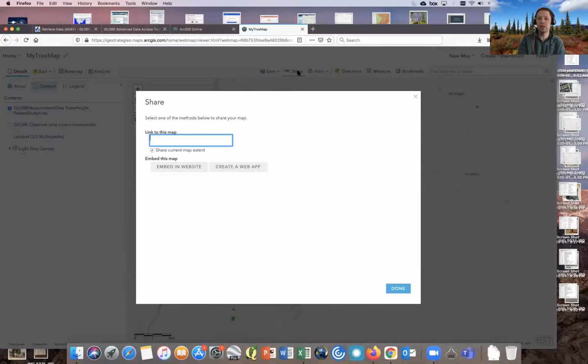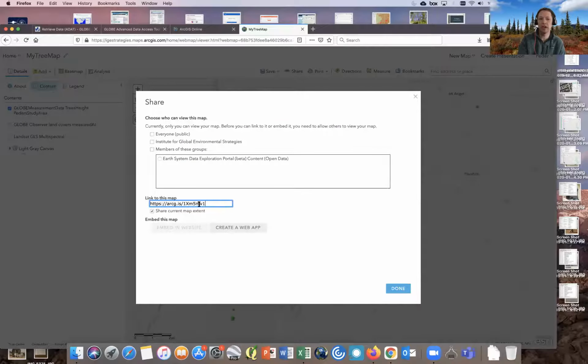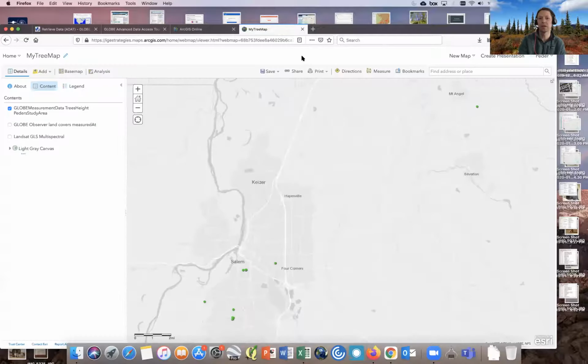The neat thing is you can share this out, and you can actually create a web app. You can do a variety of different things, including embedding it into your own story maps. But we're running out of time. And so I wanted to just really focus on that little aspect of taking data and creating a map for your study area of interest.